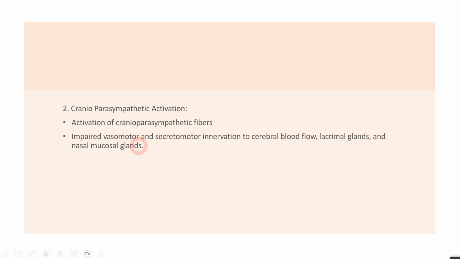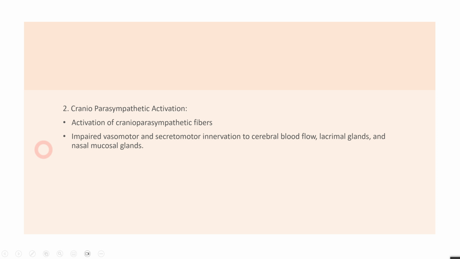Now, the second theory that we have for cluster headache is cranioparasympathetic activation. In this case, we have activation of cranioparasympathetic fibers. This leads to impaired vasomotor and secretomotor innervation to the cerebral blood flow, the blood flow to the brain, and lacrimal glands and nasal mucosal glands.